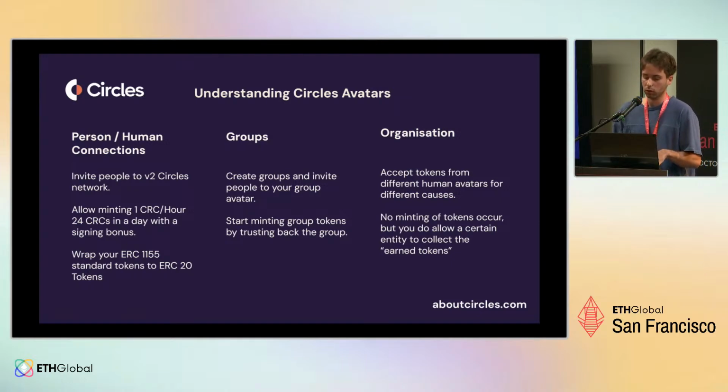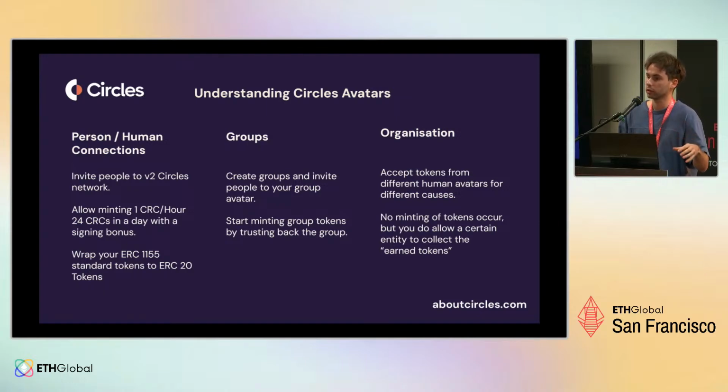There is also a function to create a group. To create a group, you don't need an invitation, you can do it by yourself with the register group function. You can make your own implementation using the SDK, or you can also use our application to create and manage groups. So basically, a group will have a name, a description, a symbol, and then you can add and remove people from this group.